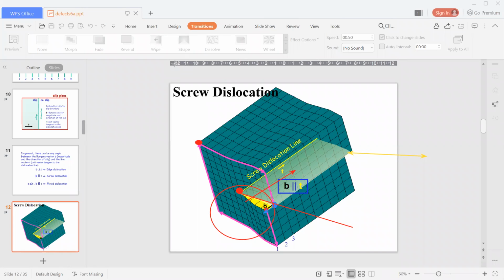Here also, if I focus on the edge of the solid, which is here, what you can see is your atomic plane, which was here at the red point, has undergone a shift to a blue point. So at this point, your atomic planes have shifted, which is equal to one atomic plane distance.